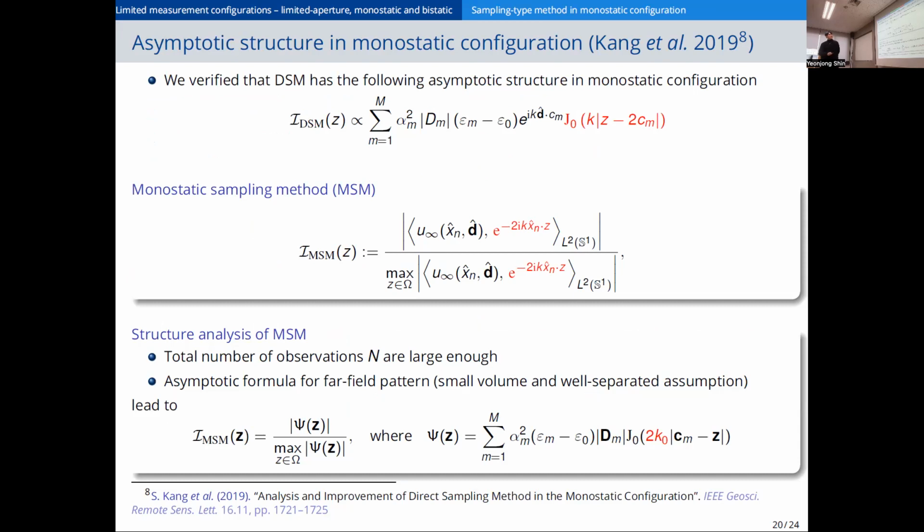So we suggest simply adopting another indicator test function like this one, just the square of the test function. Then we derive this formula. From this formula, we find this function with 2k0, which means that there is more oscillation, because this 2k0 indicates the step of the Bessel function.